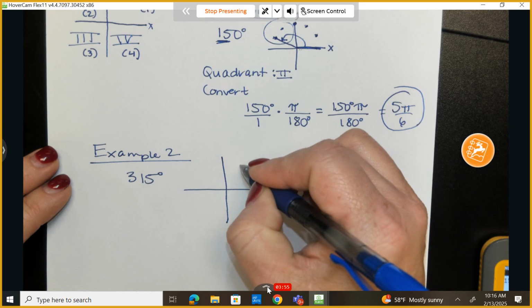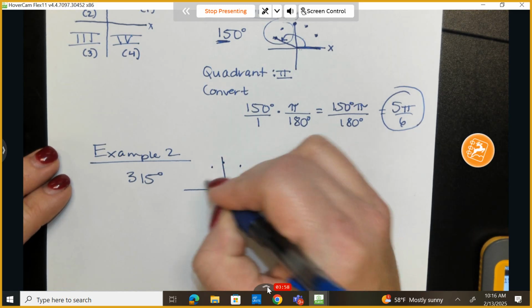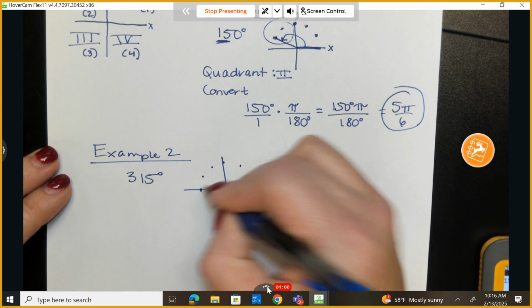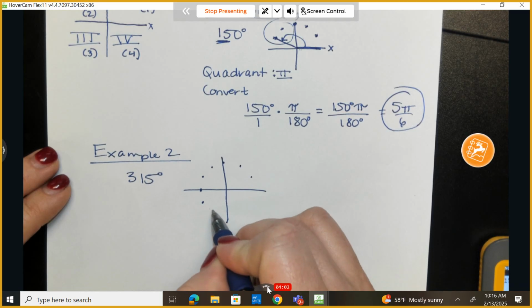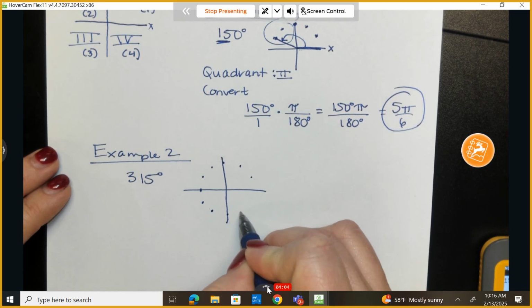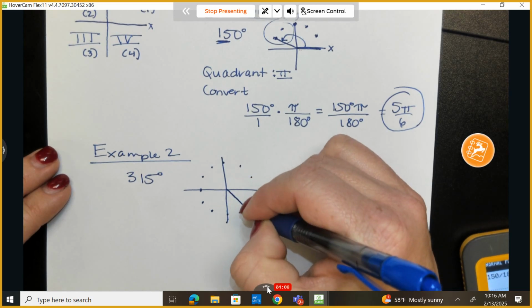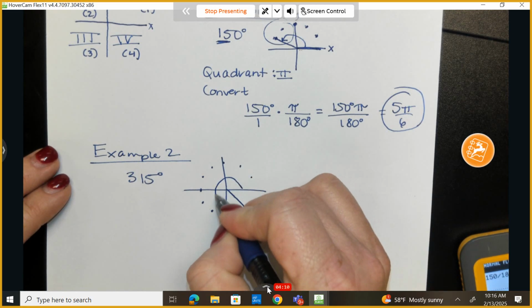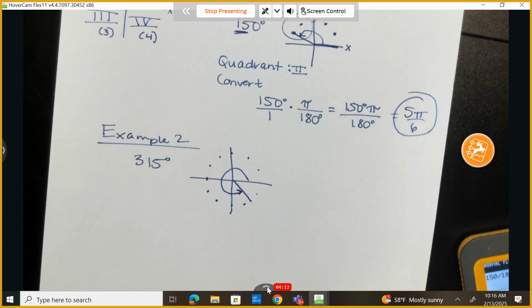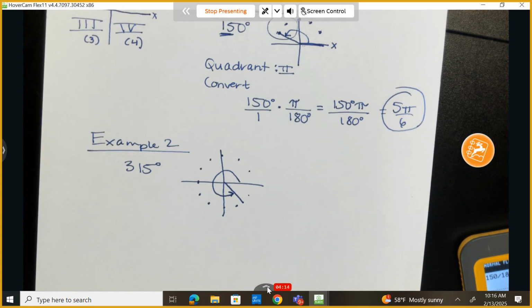So here's 3, 6, 9, 12, 15, 18, 21, 24, 27, 30, but I need to go 315, so that's going to split that. That's going to be right here. So I'm going to show that the angle starts at the starting line and goes all the way around.